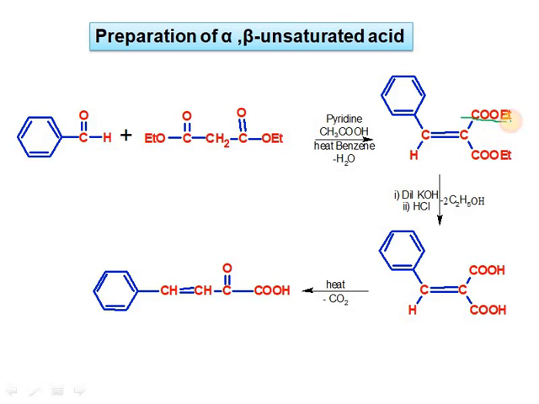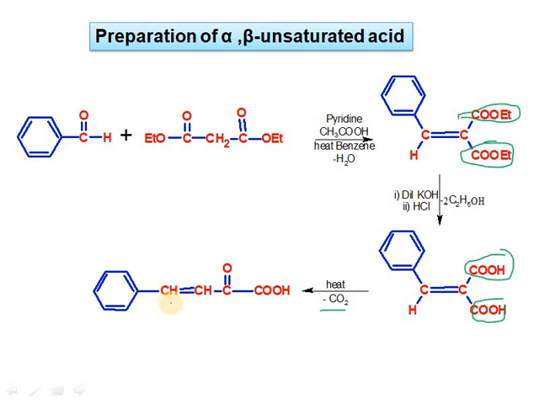Both ester groups, this one and this second one, are hydrolyzed into acid, and then under heating conditions one of the CO2 is lost. So one of the COOH will be remaining, one will be cancelled.